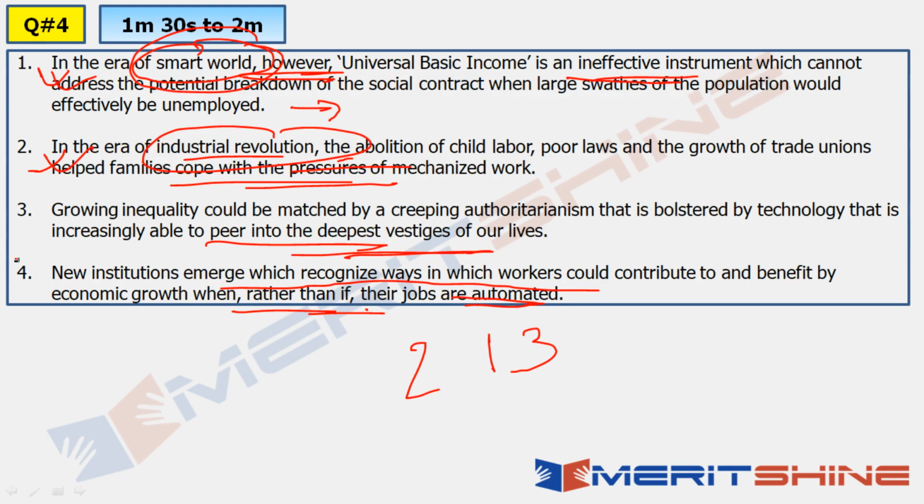So 4 is something which is relevant to the current context, right? But it cannot come in between 2, 1 and 3. So now we are sure that 2, 1, 3 is a mandatory triplet. Okay, so 2, 1, 3 is a mandatory triplet, that's for sure.